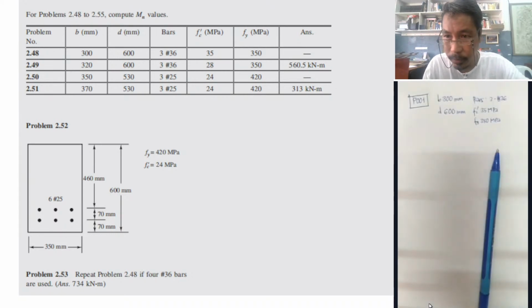So problem 001, we are given B and D dimension. We are also given the quantity and size of reinforcement. We are also given the important properties of the material, in terms of its strength, strength capacity of concrete, strength capacity of steel.